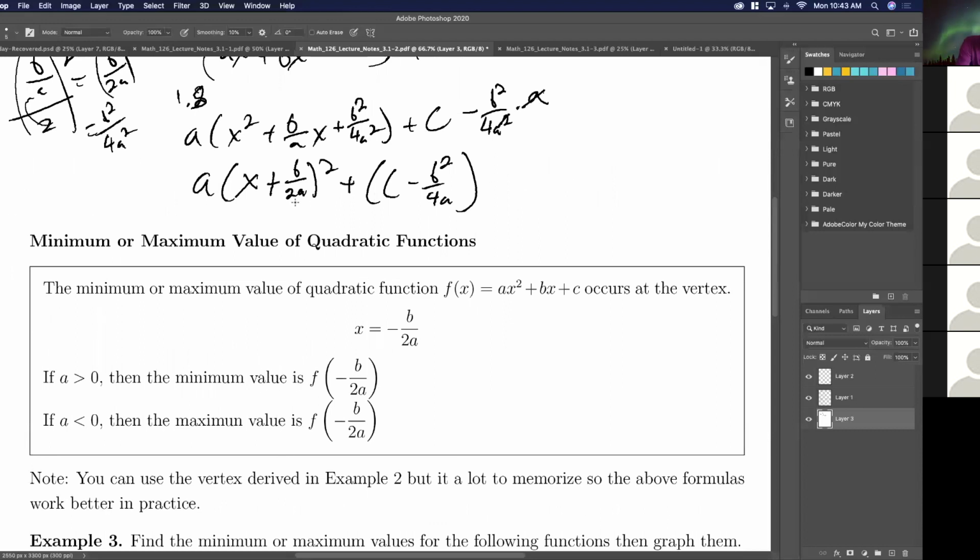This is my vertex point. This is my x, this is my y, for my vertex. To find the minimum or maximum value, it occurs at the vertex. So here the x value is negative b over 2a, because remember, you switch the sign on this one, right?